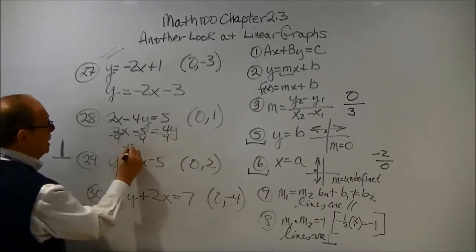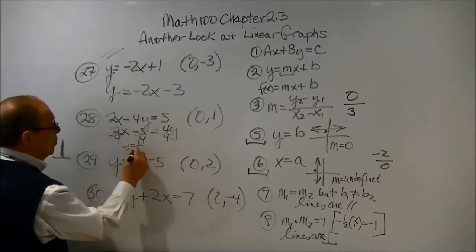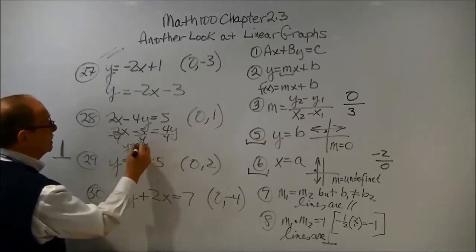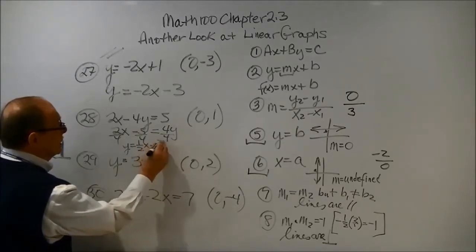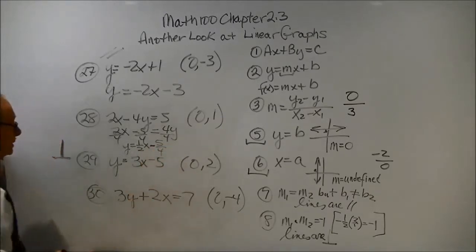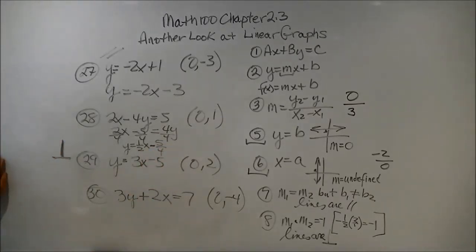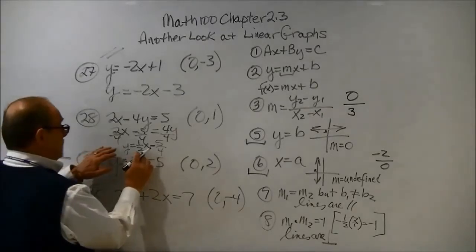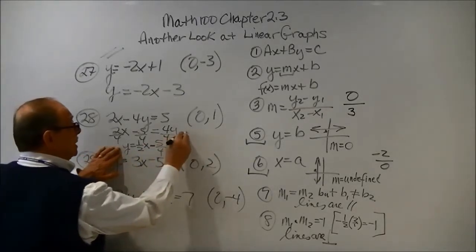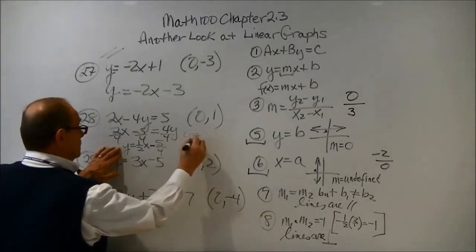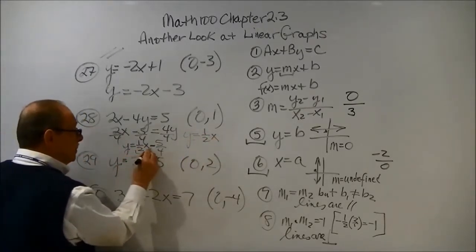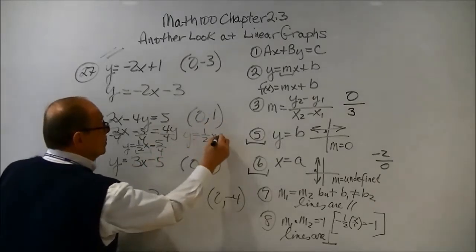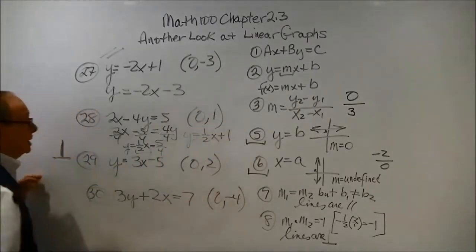I get y equals 1/2 x minus 5/4. So my new equation would have that same slope, y equals 1/2 x. That's the same slope, but now with my new y-intercept 1.